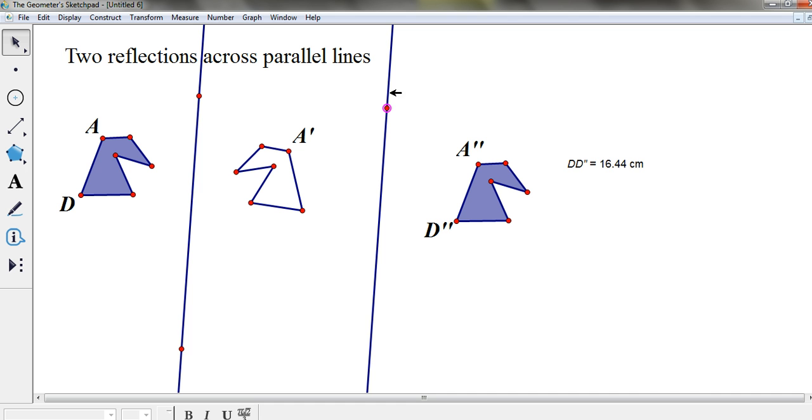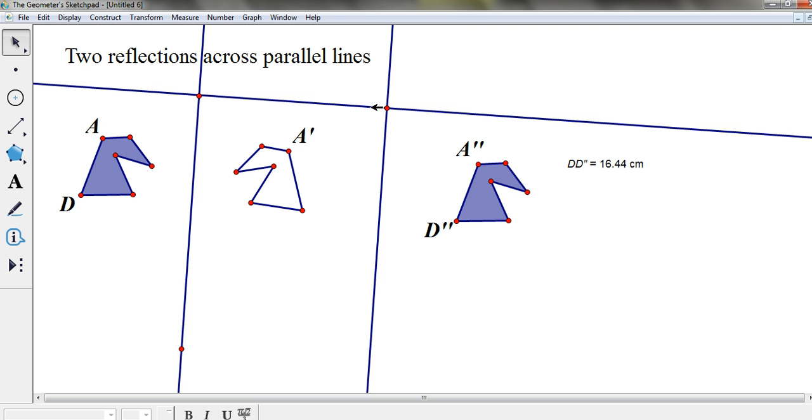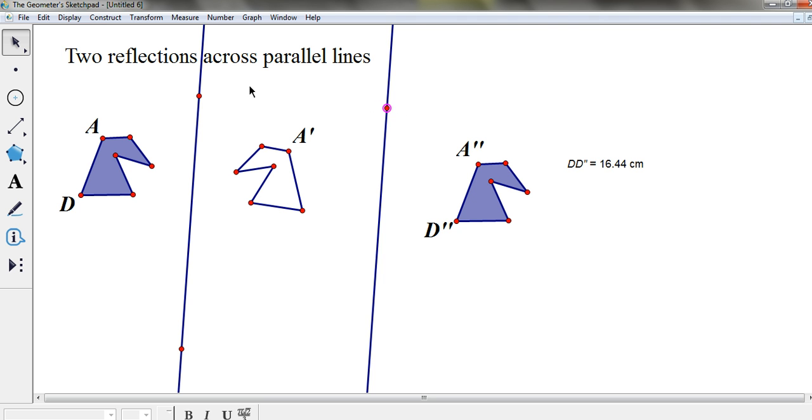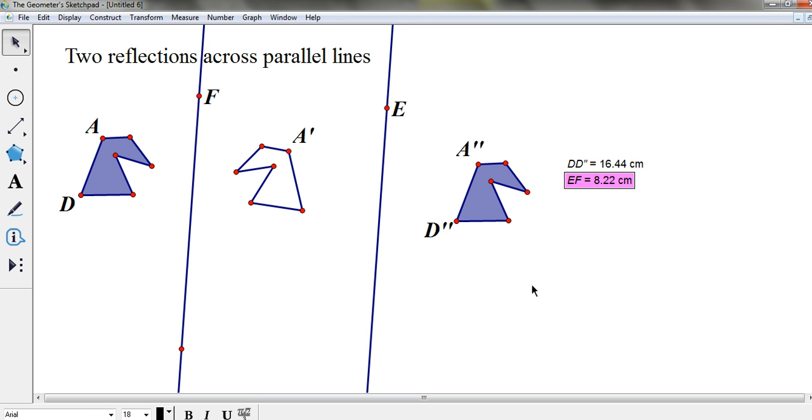Now I need a perpendicular segment to be able to make sure I am measuring the distance between these two lines properly. And when I do that, notice that the distance between the lines is exactly half the distance of the translation.